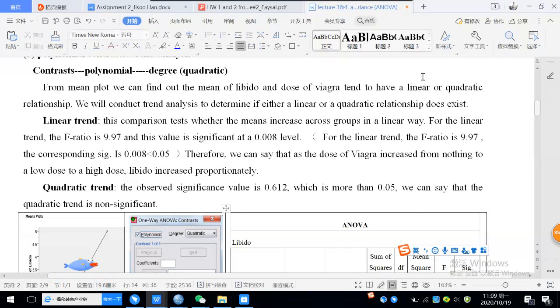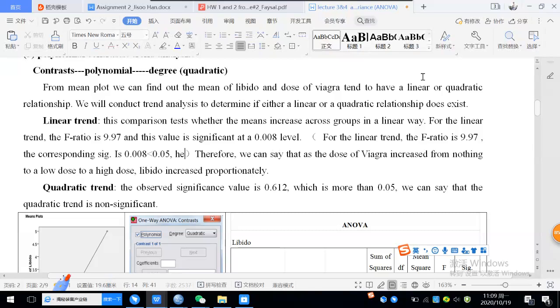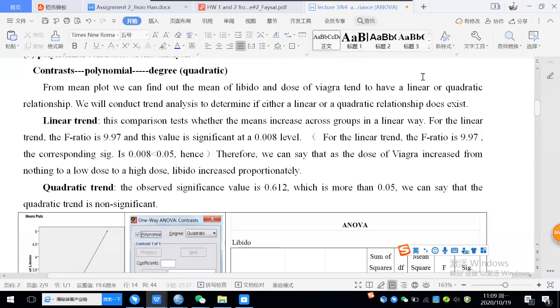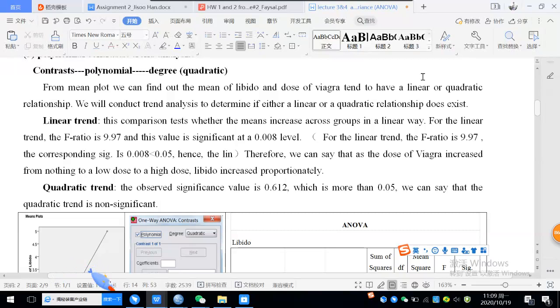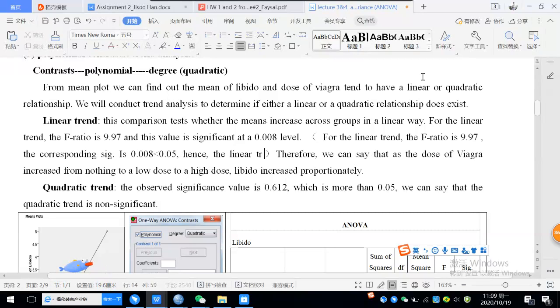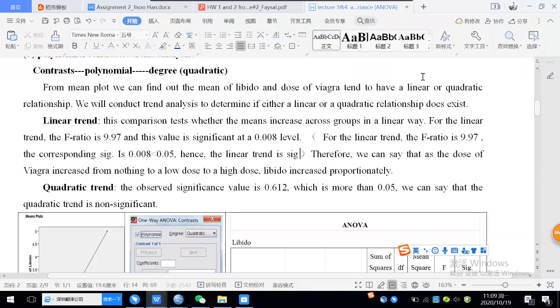So hence the linear trend is significant.